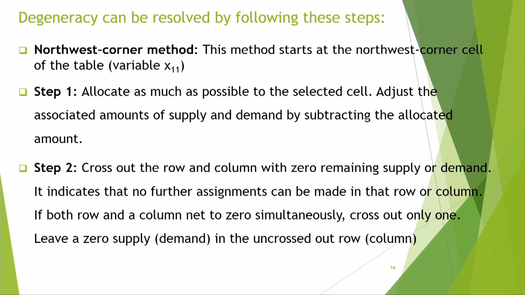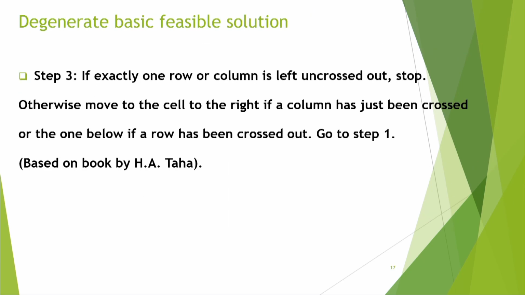Step 2, cross out the row and column with 0 remaining supply or demand. It indicates that no further assignment can be made in that row or column. If both row and column net to 0 simultaneously, cross out only one, and leave a 0 supply or demand in the uncrossed out row or column.